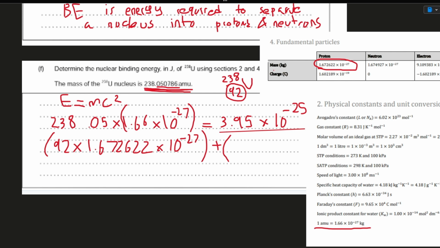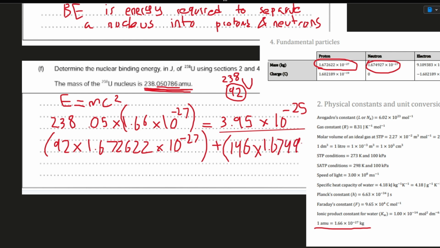So to find the neutrons, we take the overall mass number and we subtract the proton number. 238 minus 92, we should get 146, times, and obviously we take the value of the neutron and multiply that with the neutron number of uranium.